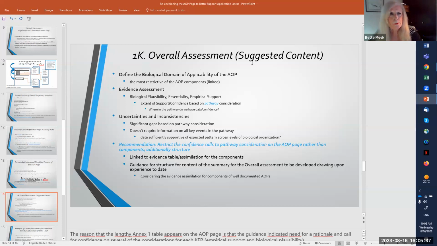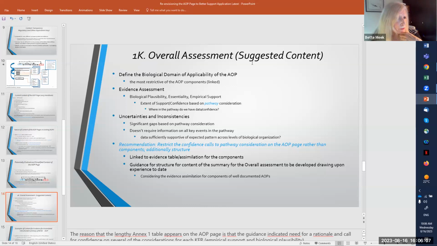So the Annex 1 presentation currently has provision for confidence calls on each element of the weight of evidence considerations, and in some cases in relation to each of the KEs or KERs. And I think largely that we need an overview summary of pathway considerations on the AOP page, and then we would link to the evidence table assimilation for the components without those confidence calls.